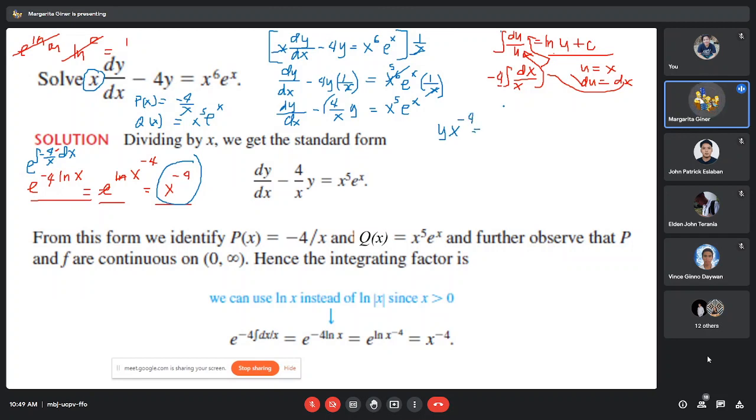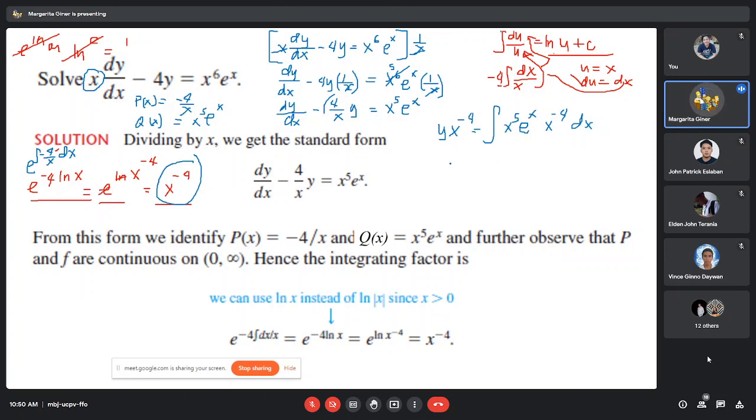Is equal to the antiderivative of qx. Our qx is x raised to 5 e raised to x, times our integrating factor, which is x raised to negative 4, dx. Based on the last formula.